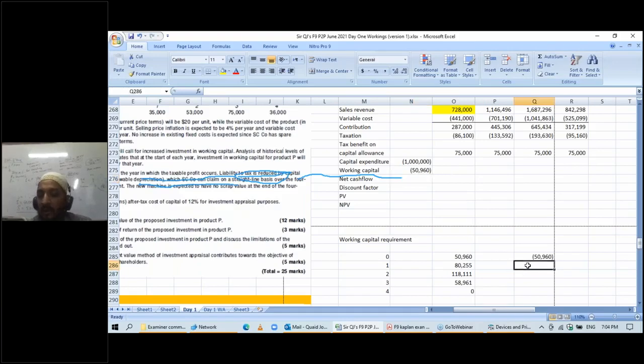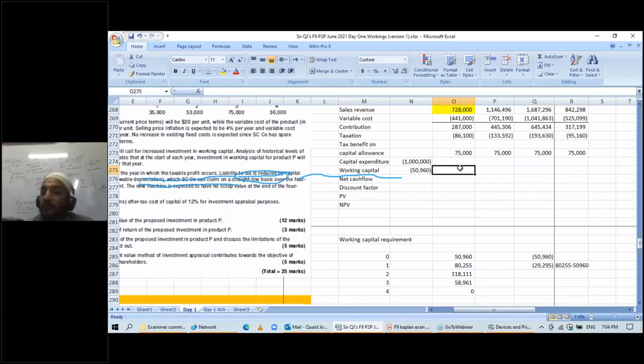And then look, next, this is very important. By the end of year 1, the working capital requirement gets to 80,255, which means the working capital requirement increases. So what we will do is deduct 50,960 from 80,255. The working is like this: 80,255 minus 50,960 gives you 29,295.